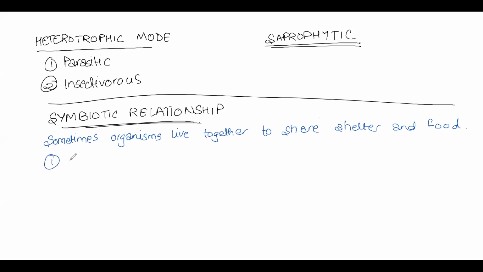The first one is, you know, that rhizobium is a bacteria. It is present in the roots of leguminous plants. Now the leguminous plants are those plants like the pulses, they produce the pulses.